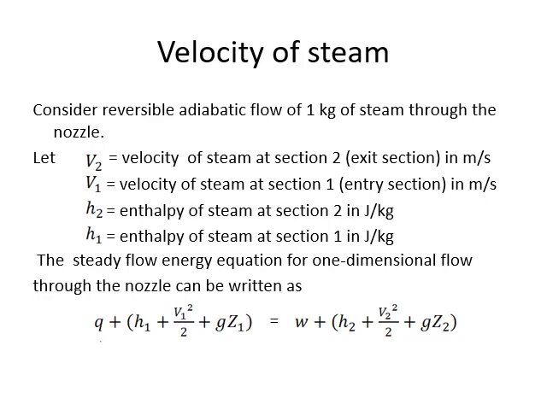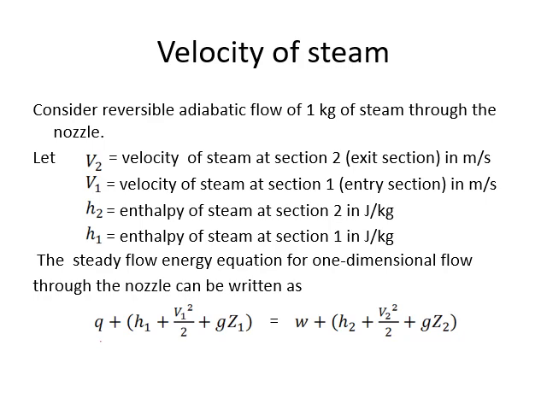Let V2 denote the velocity of steam at section 2, that is the exit section, and V1 the velocity of steam at section 1, that is the entry section, both in meter per second. H2 denotes enthalpy of steam at section 2 and H1 enthalpy of steam at section 1, both in joules per kilogram.